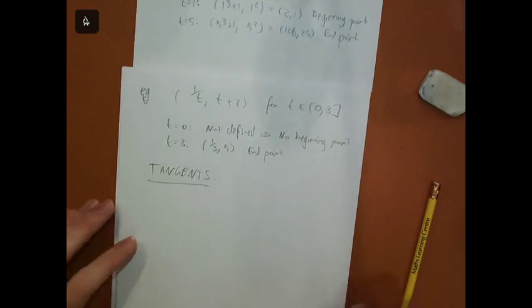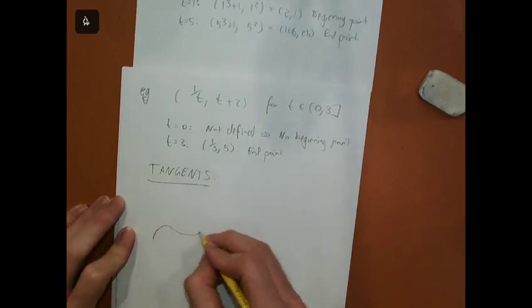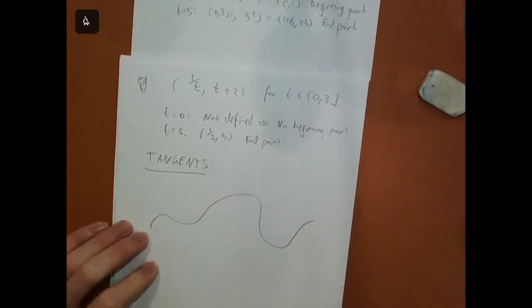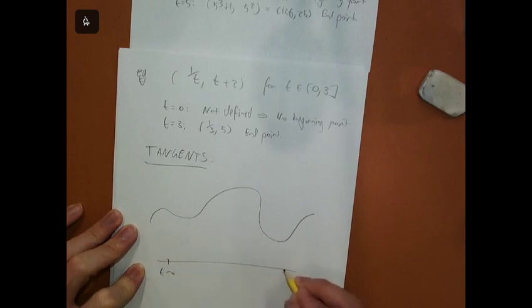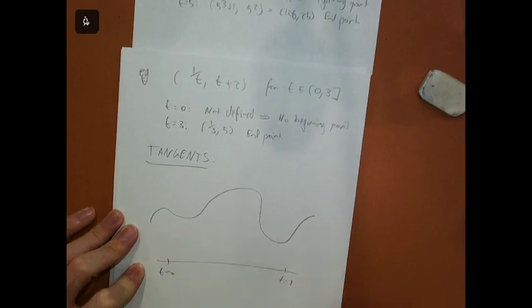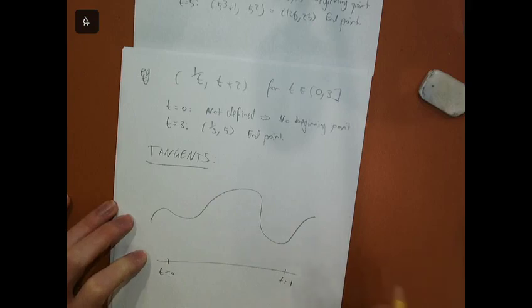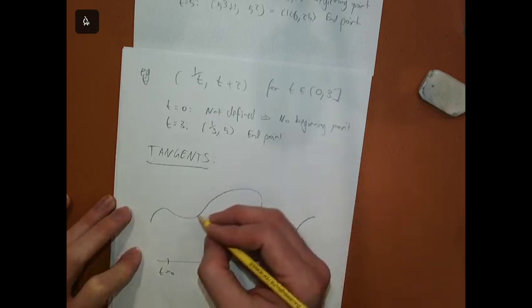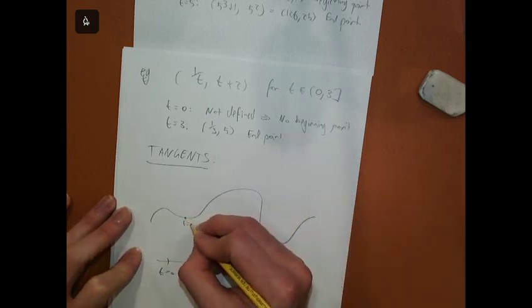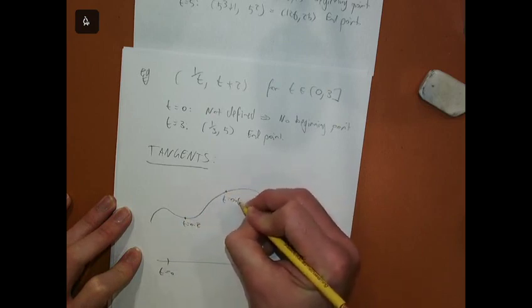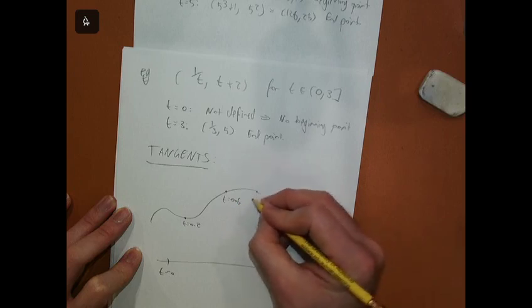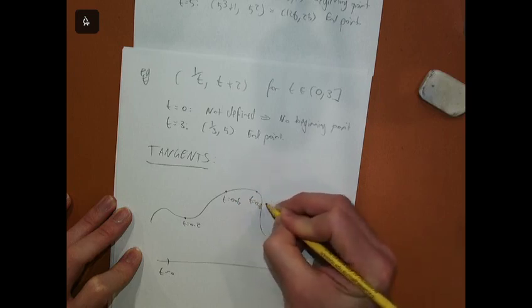So I'm just going to do that. Maybe this goes from t equals 0 to t equals 1, and at different points on the curve, it's going at different speeds. This might be t equals 0.2, this might be t equals 0.6, and this might be t equals 0.8.